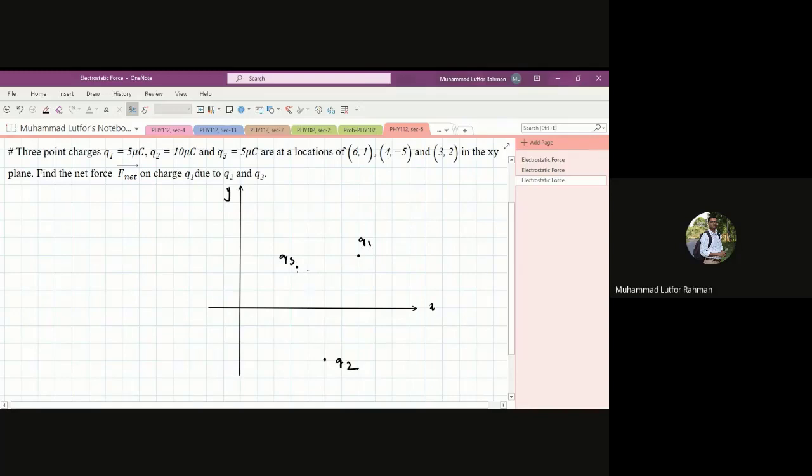I'm going to find the forces. Q3 will give a force toward that direction, right? This will be the force on 1 provided by 3, so I should say this is F31, and another force would be toward that direction.